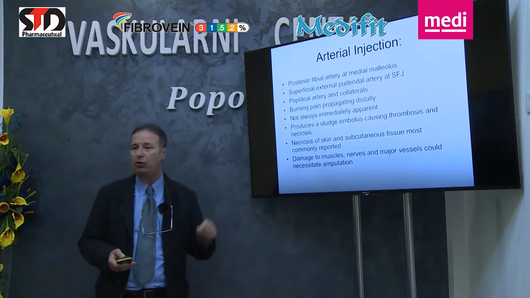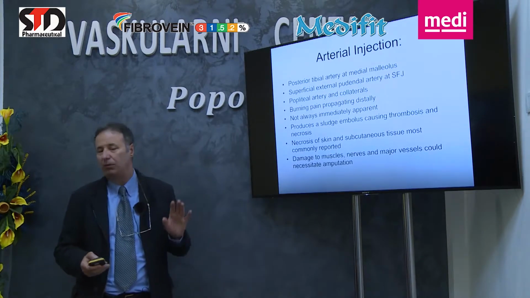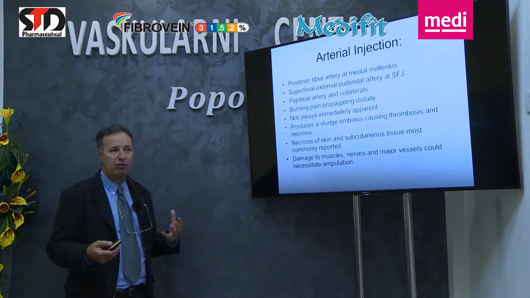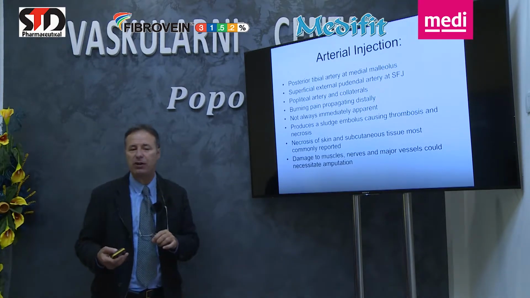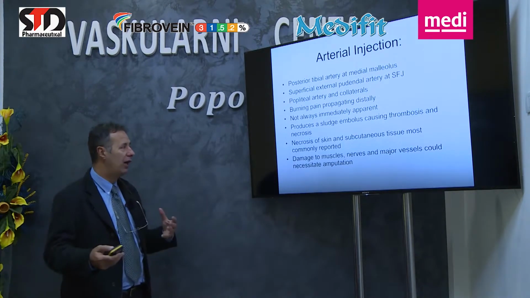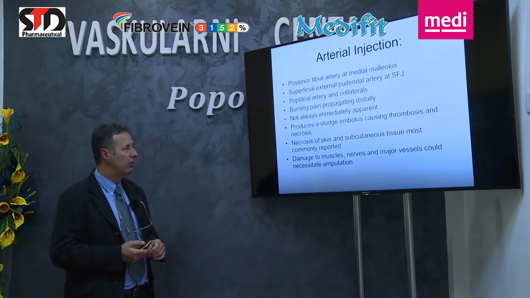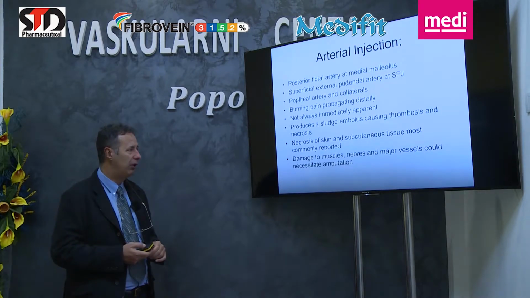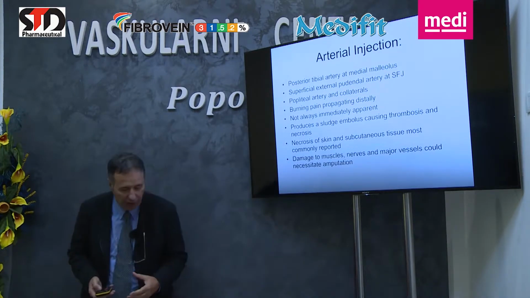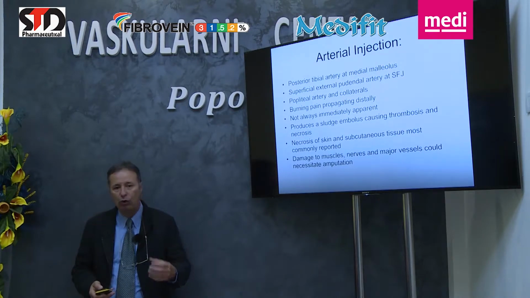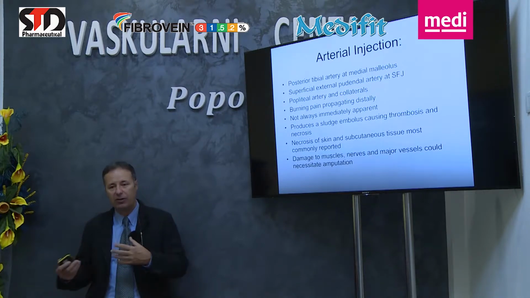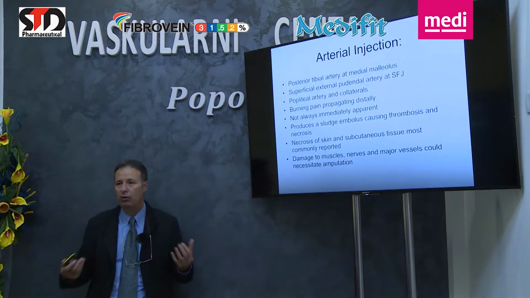On the contrary, when you inject the artery, that's another story. Because if you inject an artery, of course you can create problems, especially that may happen at the level of the popliteal fossa, at the level of the ankle, at the level of the groin, because arteries are a little bit closer to the skin, and also when you inject a perforator, as I told you before. And that's a different issue, because unfortunately the drug and the bubbles with the drug would go to the distal part of the arterial circulation, which always creates some skin, muscle, tissue loss.